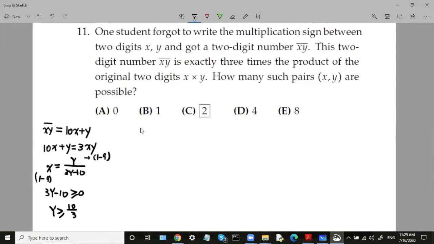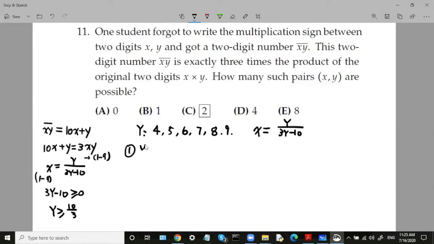So the possible digits for y are 4, 5, 6, 7, 8, and 9. And x equals y over 3y minus 10. So let's just plug in these numbers.